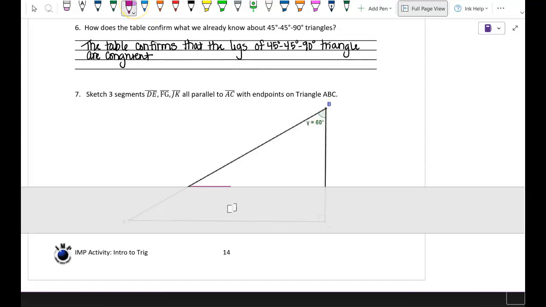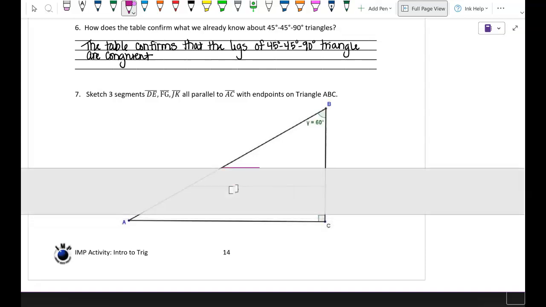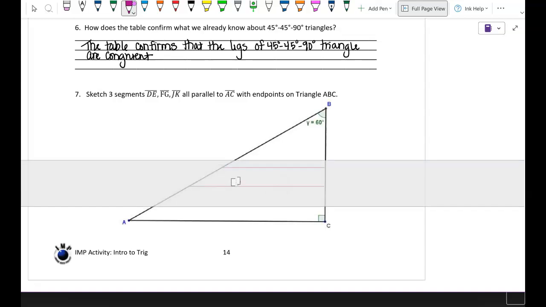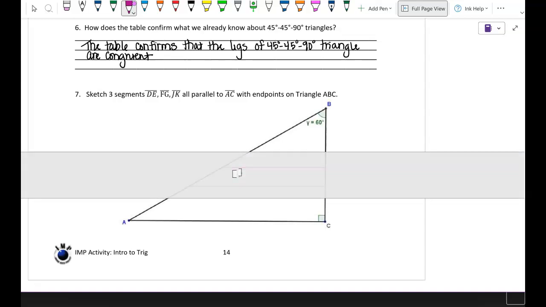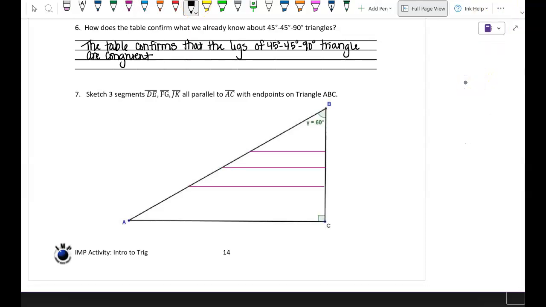And I'm going to draw in, again, there's no way for you to draw yours exactly as I draw mine. I'm just drawing in 3 separate segments. And again, it said to draw in 3 parallel, which tells me that all 4 of these lines here are parallel.